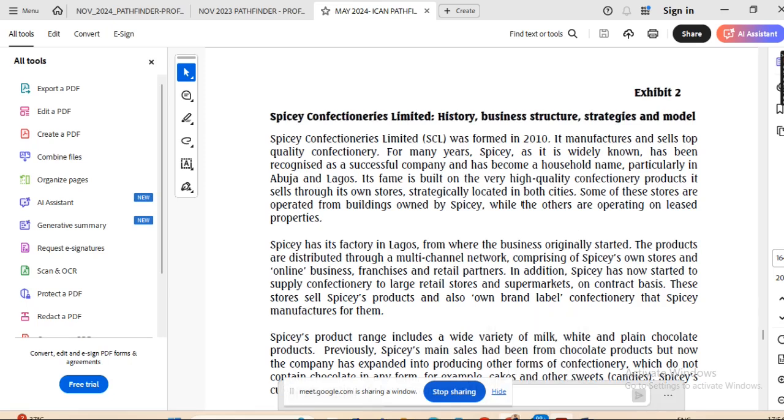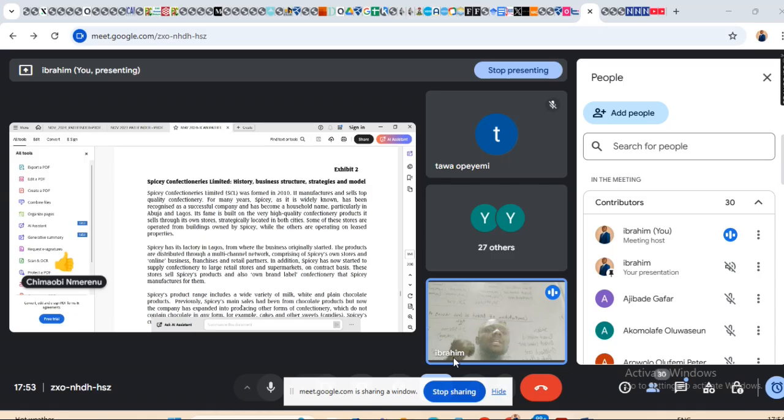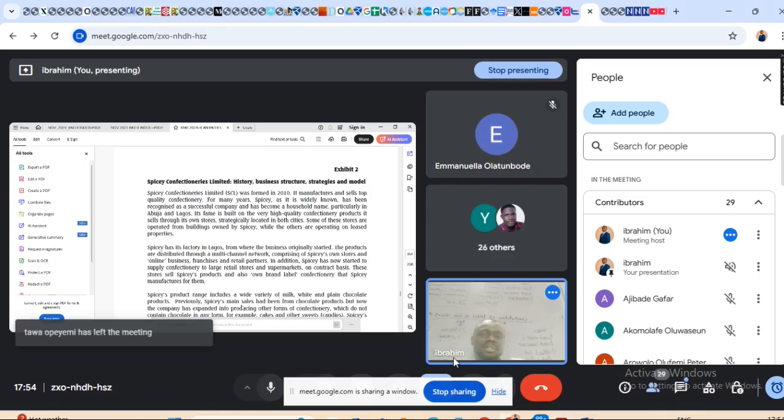When some are owned by Spicy and others are based on lease, don't forget there is what we call operating lease and also financing lease. Now, the operating lease is for the business.